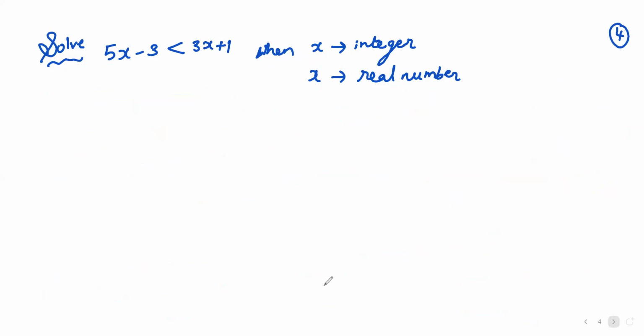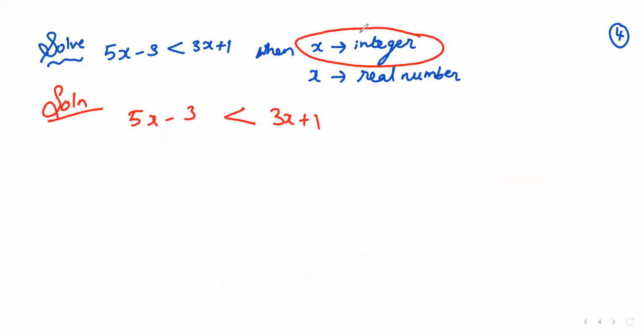First problem. 5x minus 3 less than 3x plus 1. First condition, it should be an integer, from minus infinity to plus infinity. But we will find the solutions.